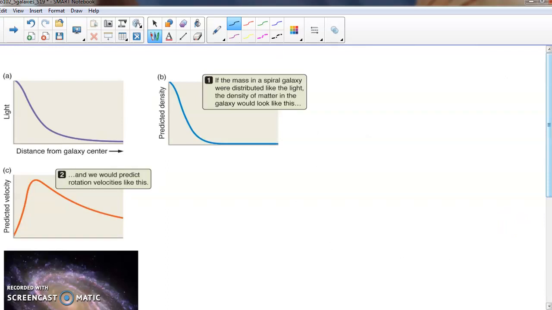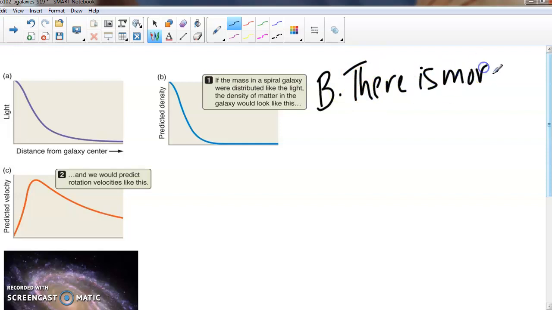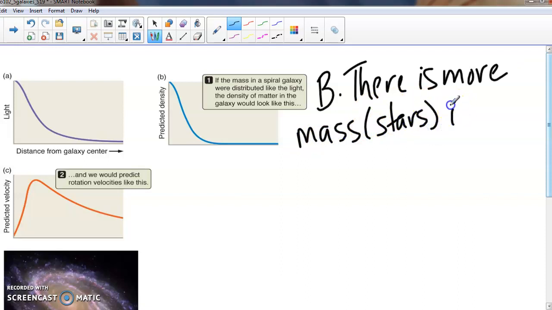So let's start by saying some basic facts that'll help us understand what's going on. First, there is more mass in the bulge, like I was showing you earlier. There is more mass, and when I say mass, I primarily mean stars. There's more mass, more stars in the center of the galaxy.